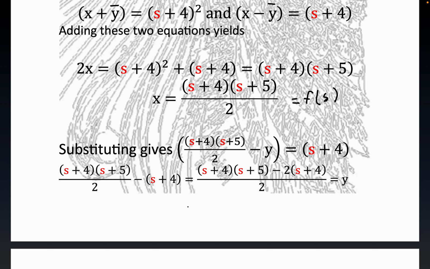I did leave something out right here. This will end up being the same thing. When you do this simplification, you'll end up with s plus 4 times s plus 3 all over 2.